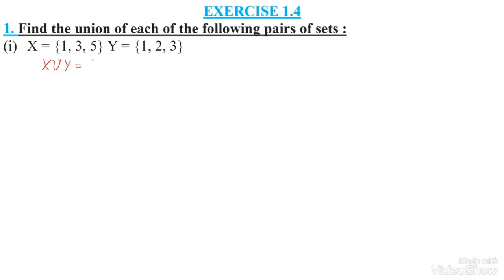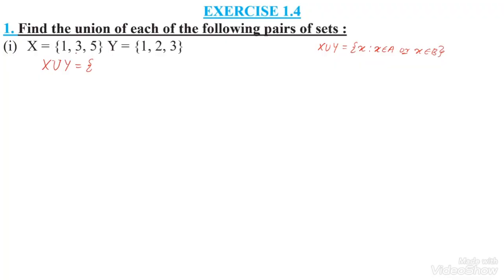According to the definition, X union Y means all the elements which are present in X or Y. The definition says X union Y means an element x such that x belongs to A or x belongs to B. If an element is present in both sets, we write it only once in the union. This is the definition of the union of sets.